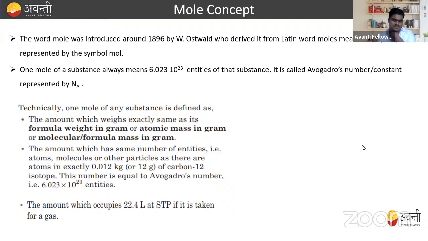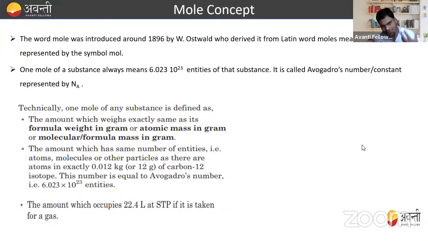Just like we use certain things, for example, we say 1 dozen is equal to 12 quantities. Whenever some quantities are 12, we can say it is 1 dozen. So for 12 we use 1 dozen.